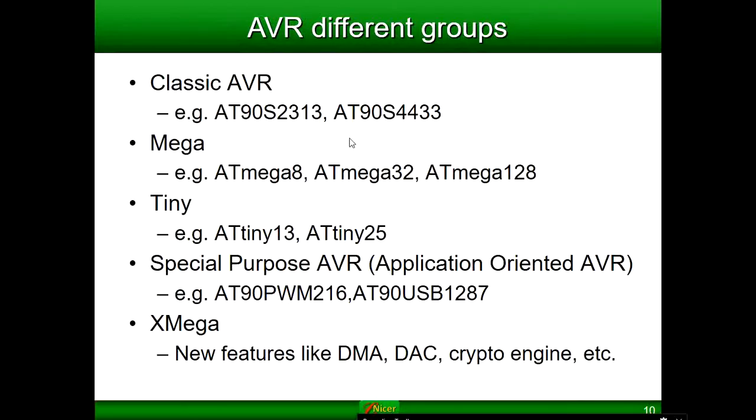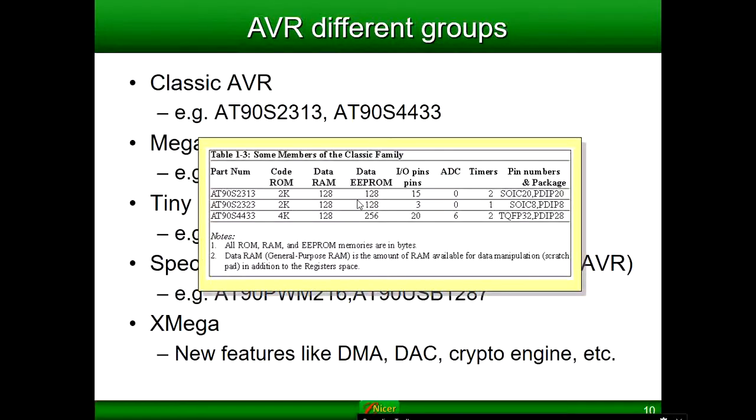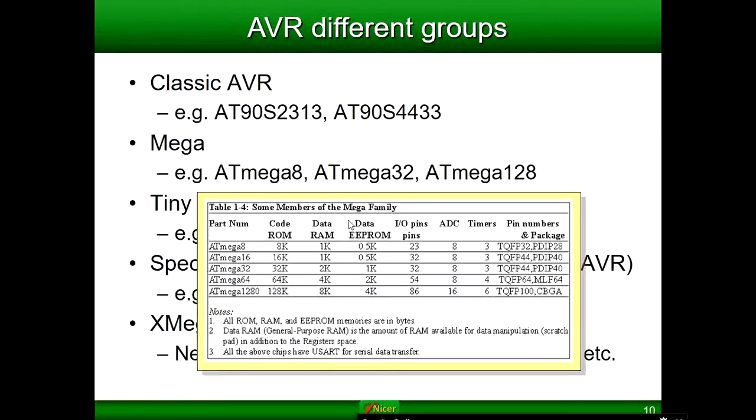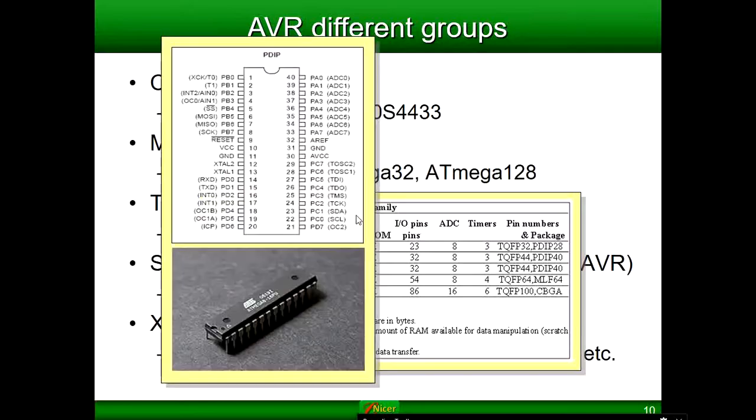Depending upon the operations and the features, we can use AVR microcontrollers, such as if we need 2K code ROM, data RAM of 128, data EPROM 128, pins 15, timers 2, then these are the pin numbers and packages. Depending on these features we select, such as mega, and these are its packages and pin numbers.